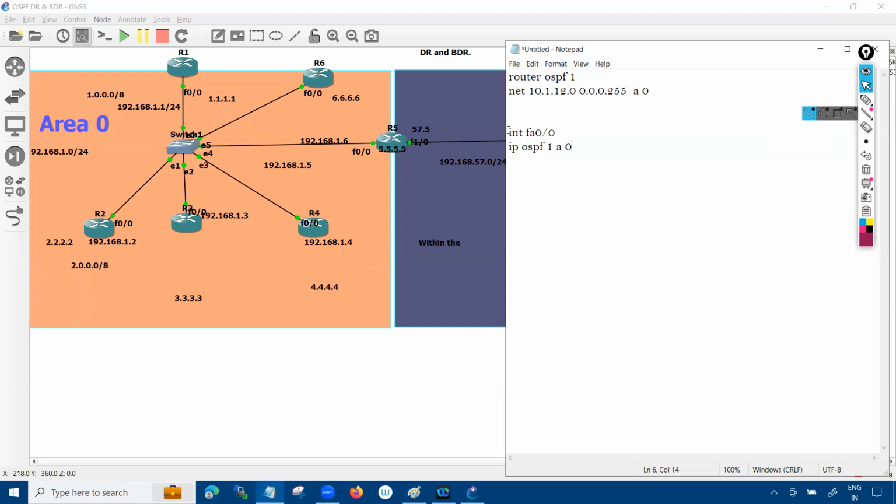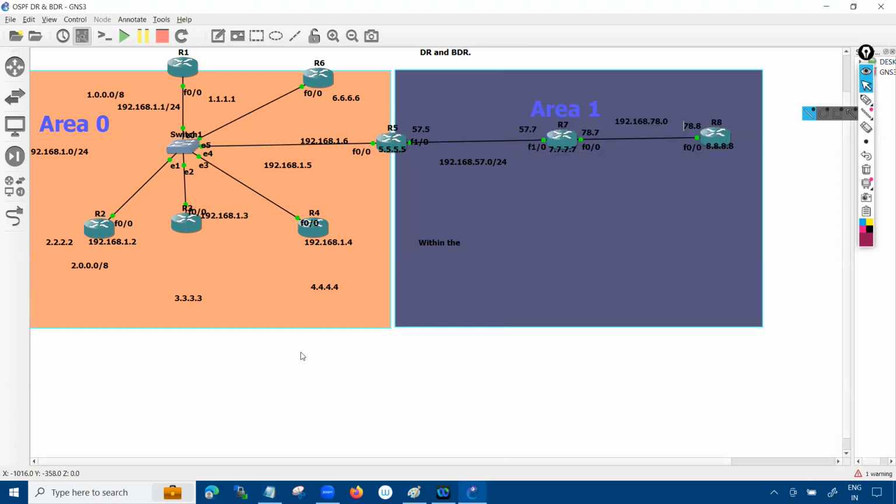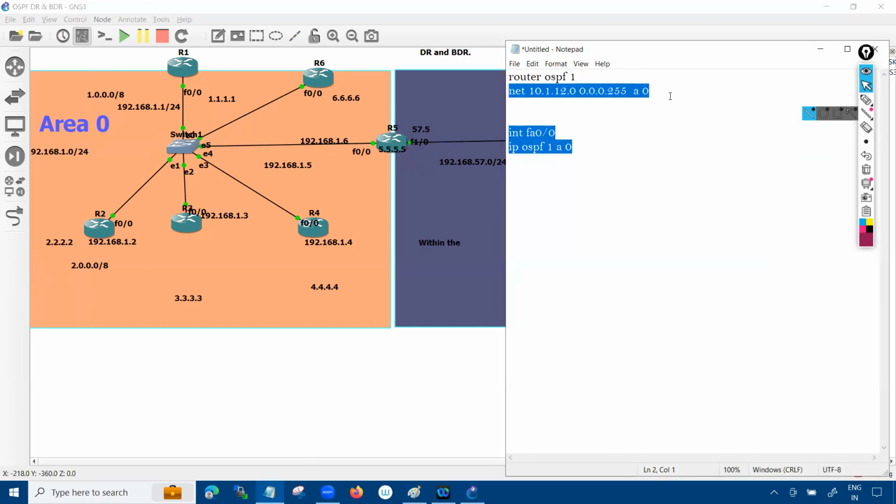So I'll go with this way, because already every router has a loopback. That will be fine.